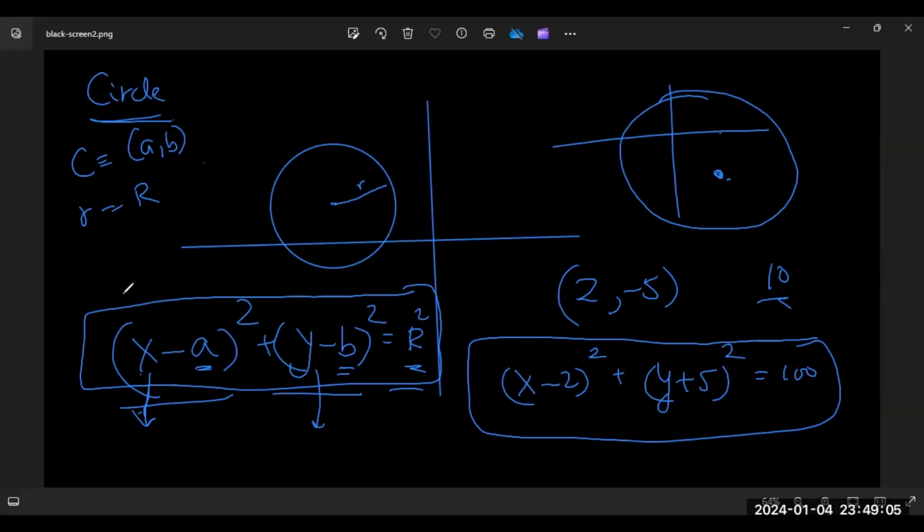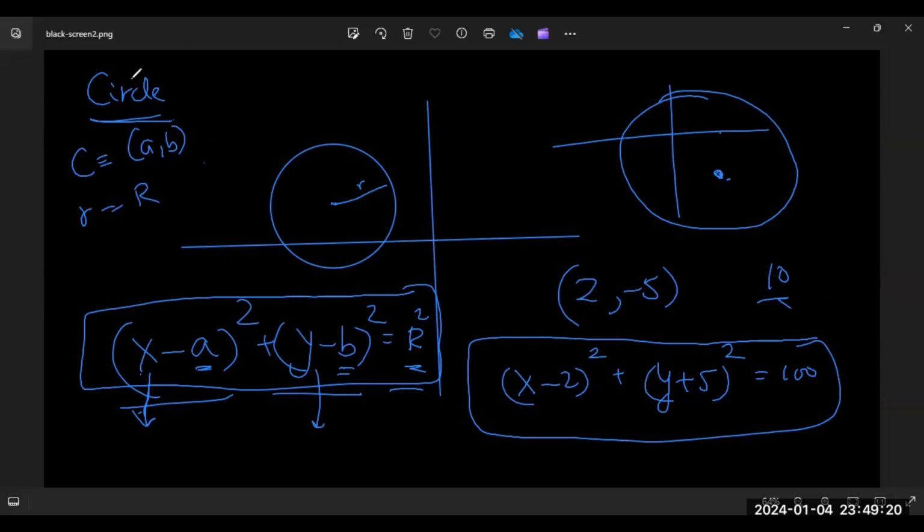Let's go on to question number 18 quickly. 2 minutes. In the rectangular xy plane, P of 0, 3 is the center of the circle, as shown in the figure above. Y equals 2 is a tangent drawn.